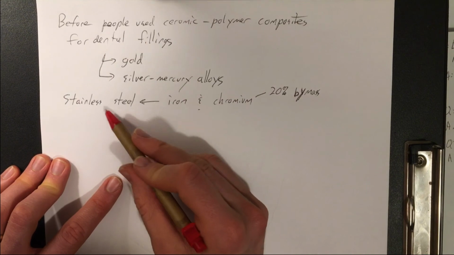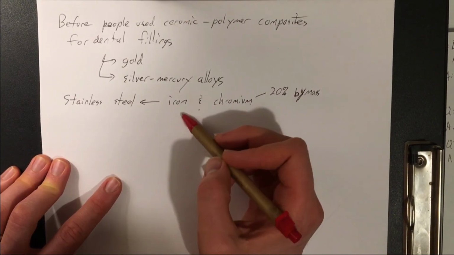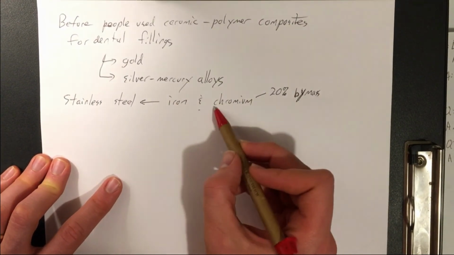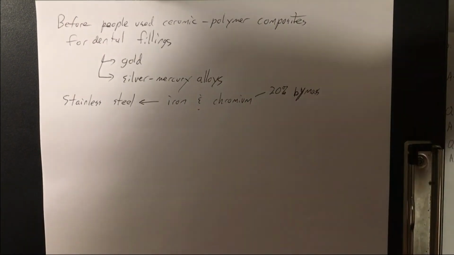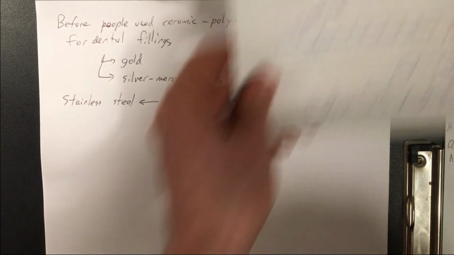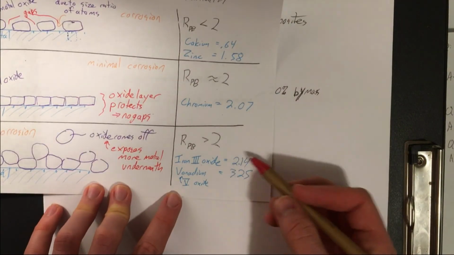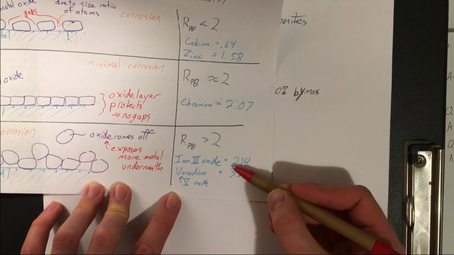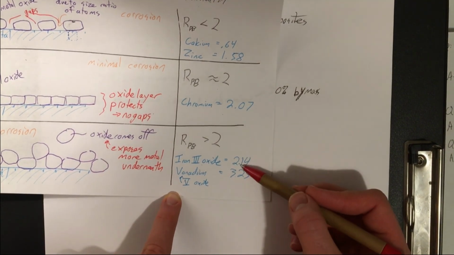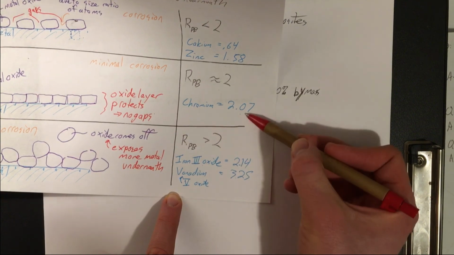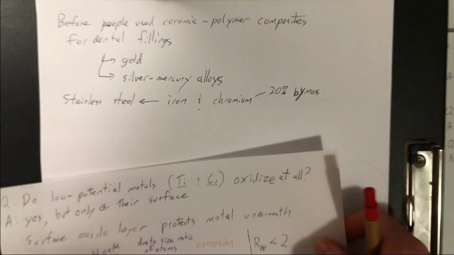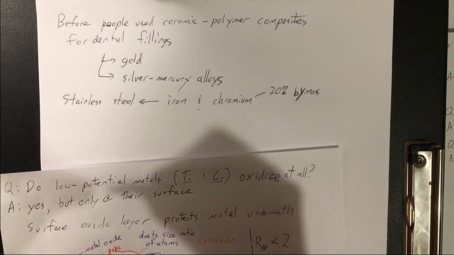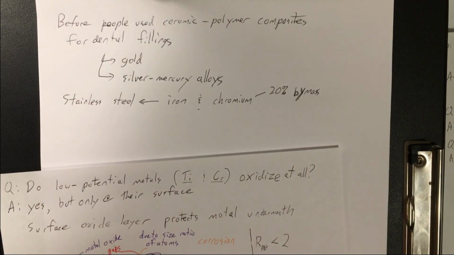You could have stainless steel that's mostly iron, sometimes a little bit of carbon and maybe some other junk. But the key thing is you could have up to 20% chromium by mass. And what the chromium does is take iron's high-ish Pilling-Bedworth ratio and bring it down to something closer to what native chromium would be. So by alloying iron with chromium, you can tune the Pilling-Bedworth ratio of the atoms on the surface.